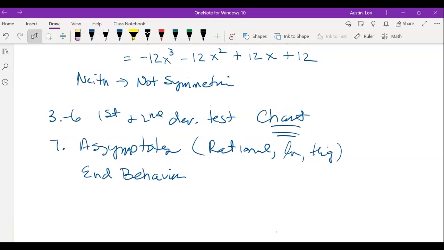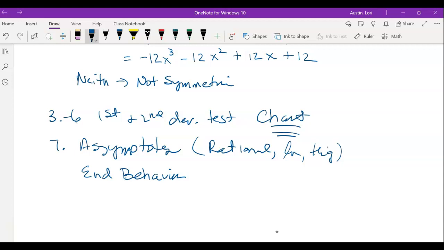If the highest power is even, then the ends are the same. If the highest power is odd, the ends are the opposite. So this occurs for a polynomial function.